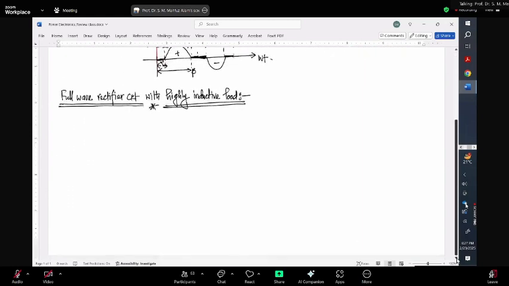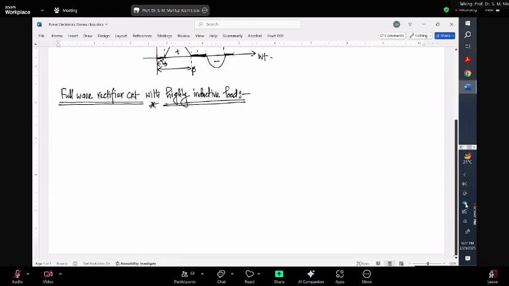So now, when you have a full wave rectifier circuit with a highly inductive load, let me draw the full wave rectifier circuit again. Suppose this is my full wave rectifier circuit, and we have 4 diodes. Suppose this is connected here, and here we have another portion.